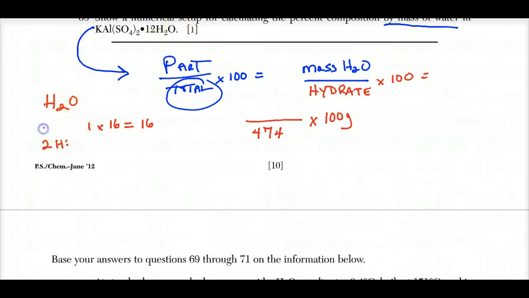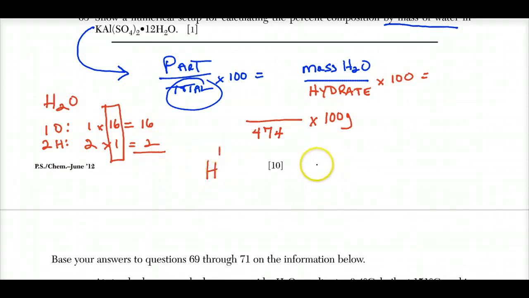I would write it this way: there's 1 oxygen, 1 times 16 is 16, and 2 H's, 2 times 1 is 2. I'm getting these numbers from the atomic mass. If you look up your periodic table, you'll see H has a mass of 1, oxygen has a 16. I'm just adding those atomic masses to get the total formula mass, and I get 18 grams for every mole.